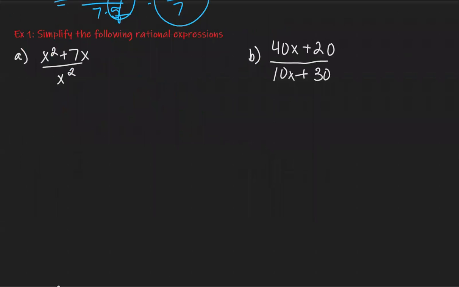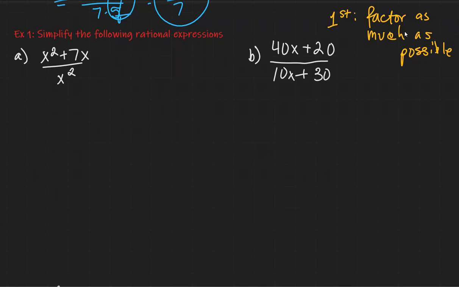So start with the first one. Notice our numerator is x squared plus 7x. Our denominator is x squared. The key, the very first thing you want to do always, is factor as much as possible.